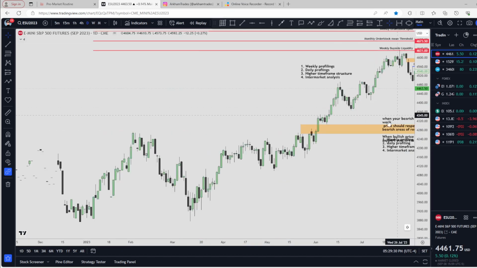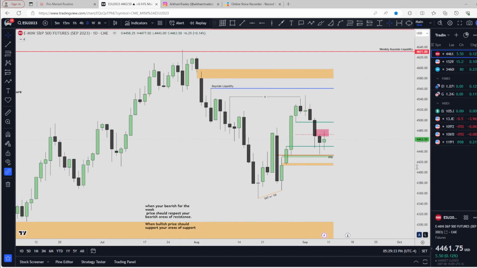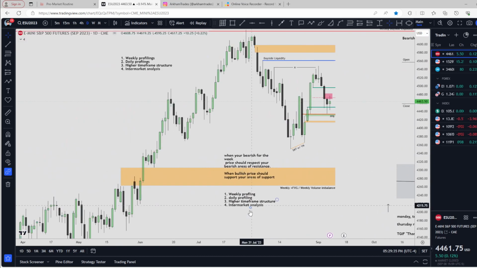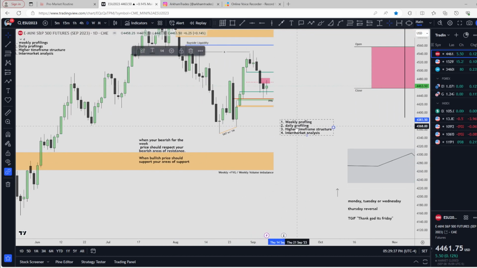The first key is having a bias, and you form your bias based on these four things: the weekly profilings, the daily profilings, high time frame structure, and intermarket analysis. What are other markets doing that you can use for your analysis to be either long or short?